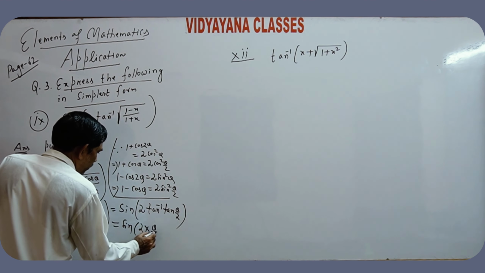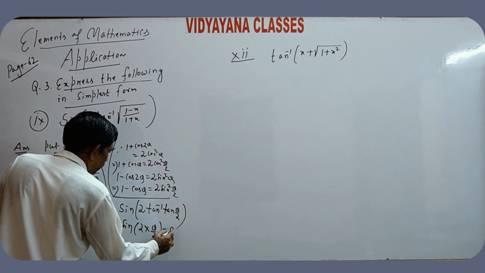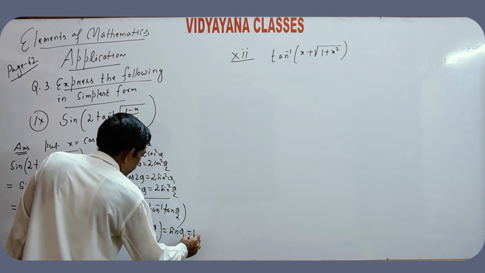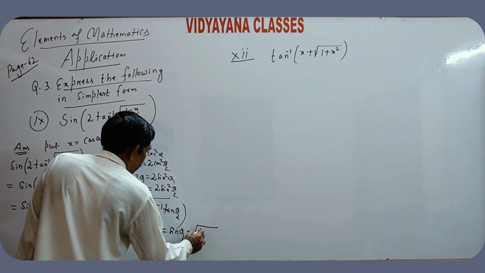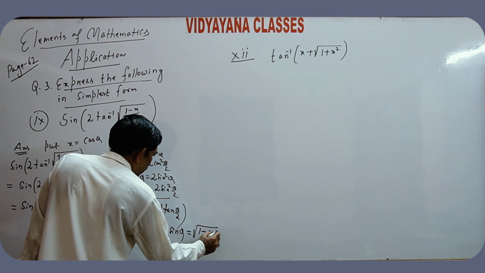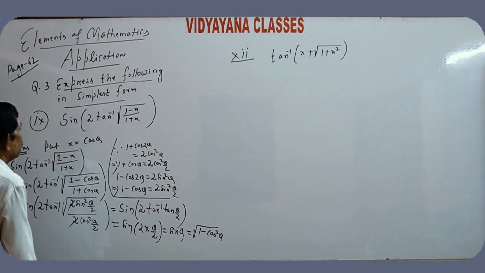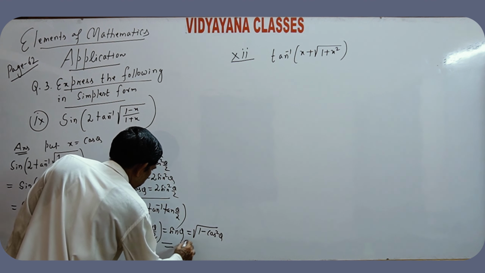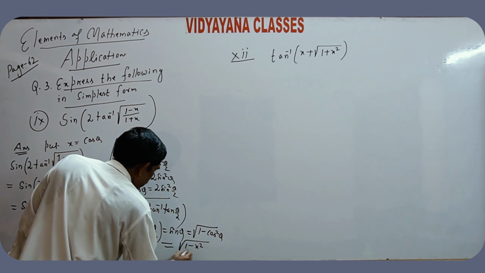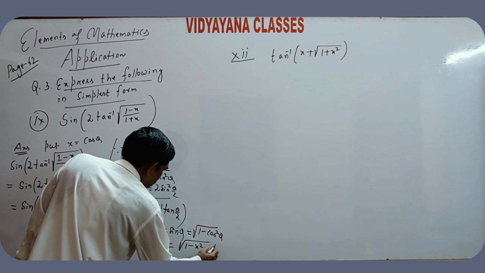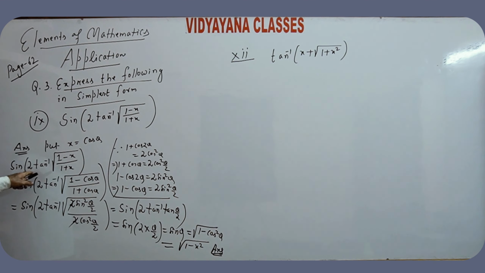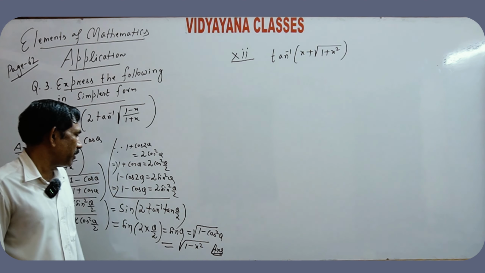That means sin theta, sin theta is the same as square root of 1 minus cos square theta. Cos theta is equal to x, which is same as square root of 1 minus x square. Is the answer. So the simplest form of this is the square root of 1 minus x square.